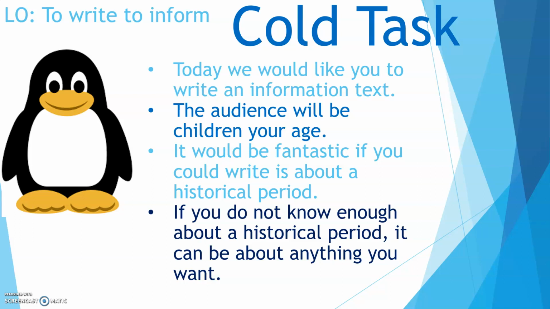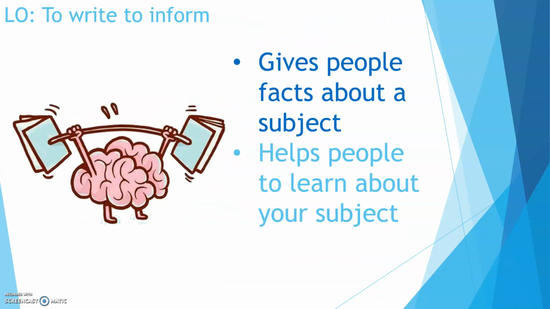Let's have a quick look at what an information text is. I don't want to go into too much detail because that's what we're going to do over the next couple of weeks, but I'm just going to give you a quick hint to get you going with your cold task today. It's got to be something that gives people facts about a subject. So whatever your subject is, if it's a sport or a group of people like the ancient Egyptians, it's got to give people facts about them, and it's got to be able to help people learn about your subject.